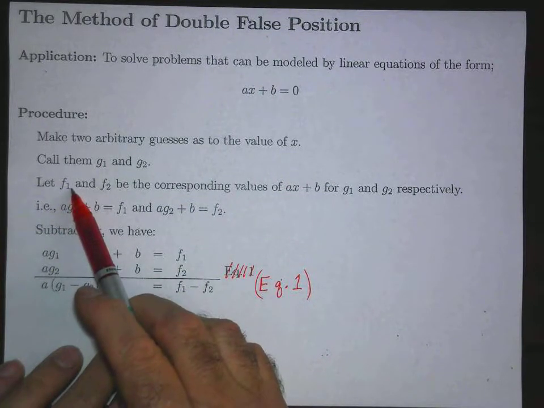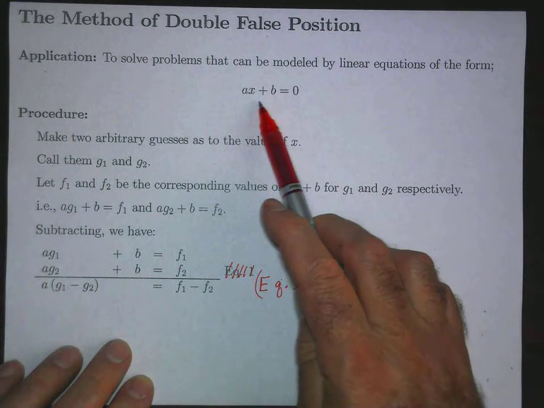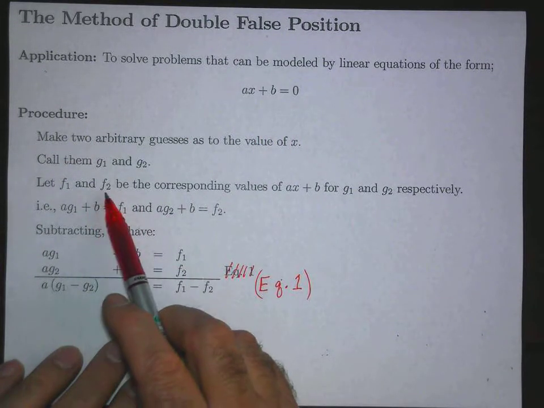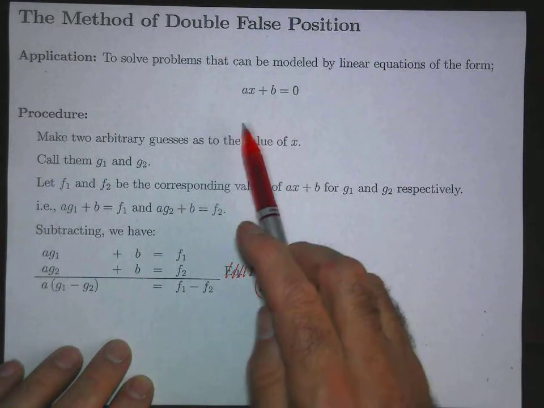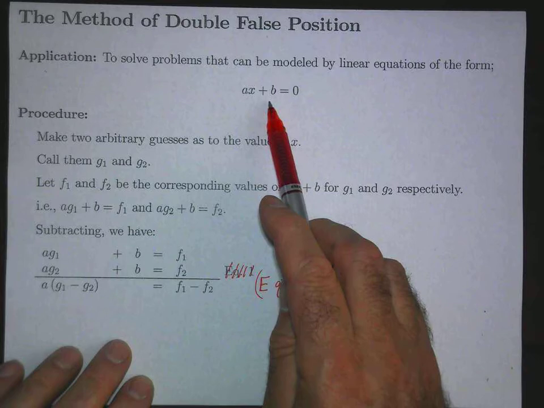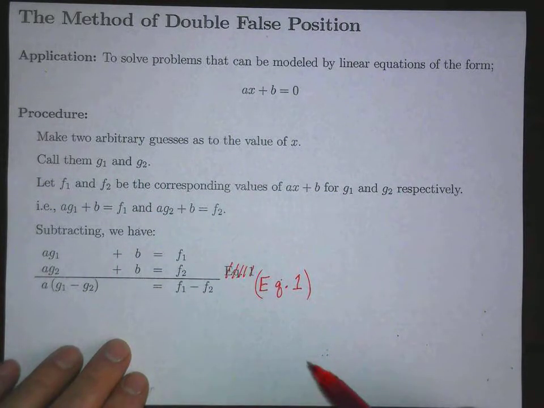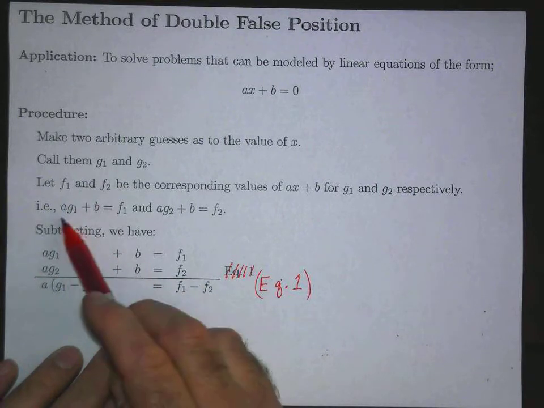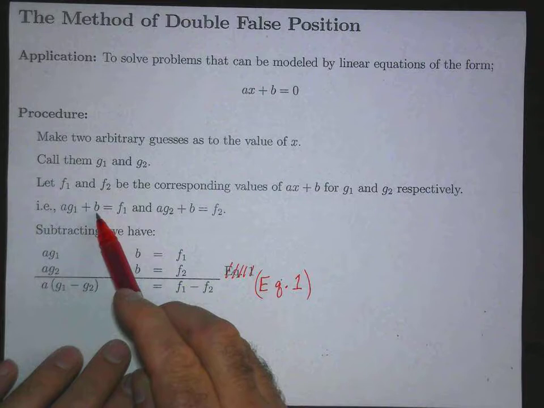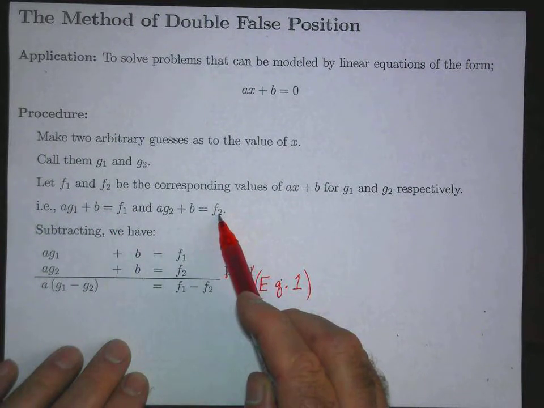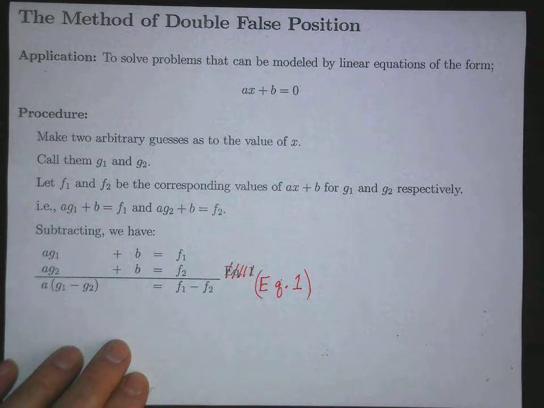Let f1 be our equation evaluated at x equal g1, and let f2 be the left side of the equation evaluated at g2. So f1 is a g1 plus b, and f2 is a g2 plus b.